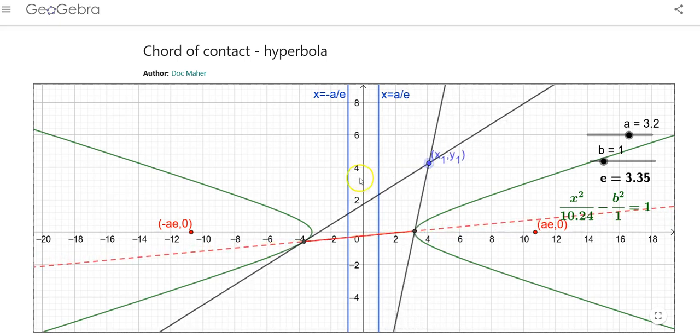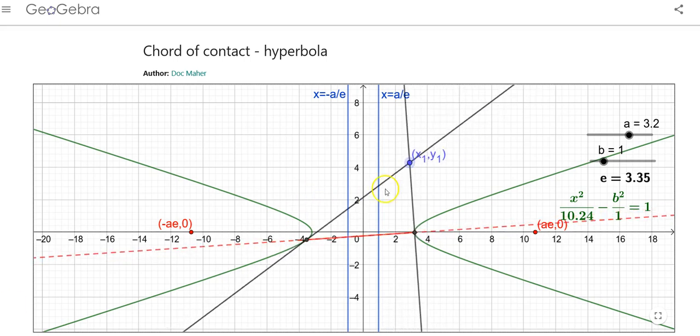Now, we can see that this is our chord of contact in here between the two points of intersection of the tangents with the branches of the hyperbola. And the equation of that chord of contact would be x, whatever the value of x1 is, on a squared minus y, whatever the value of y1 is, on b squared equals 1.